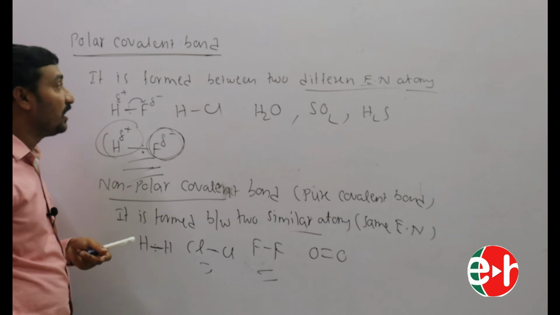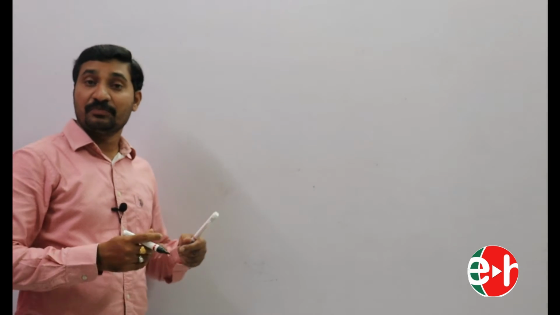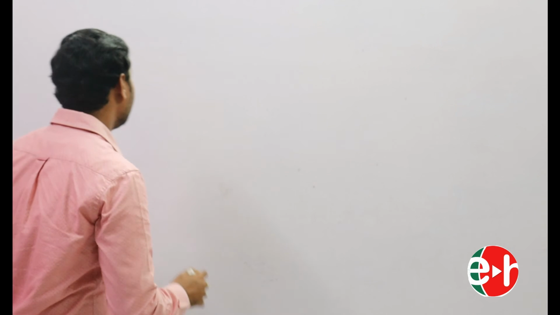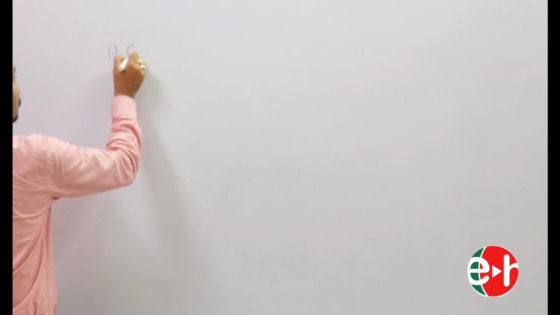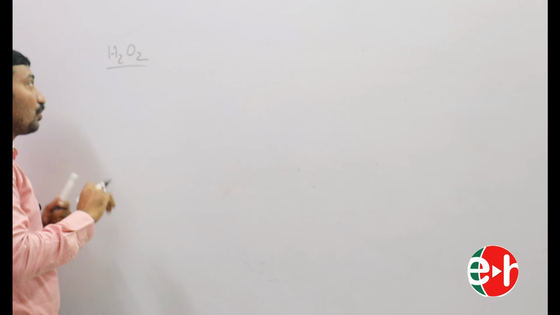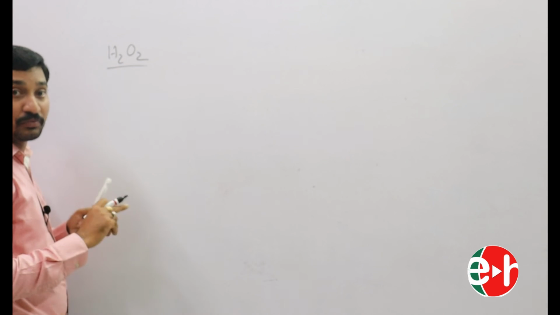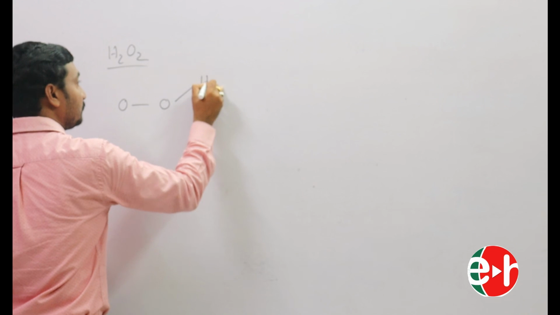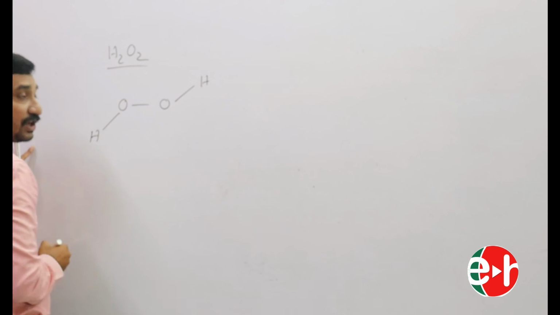Polar. Next, some molecules have both polar and non-polar bonds. Example H2O2. In hydrogen peroxide, both polar and non-polar bonds are present. This is the structure of H2O2.